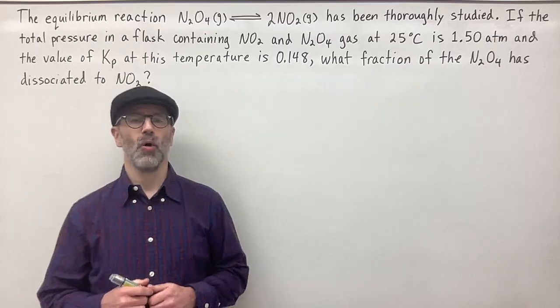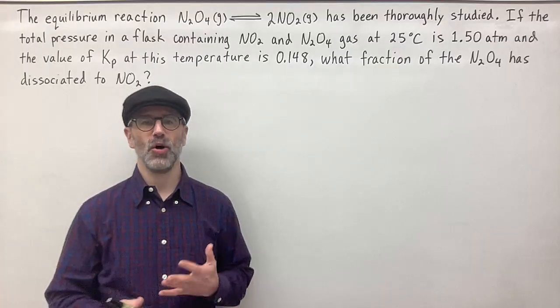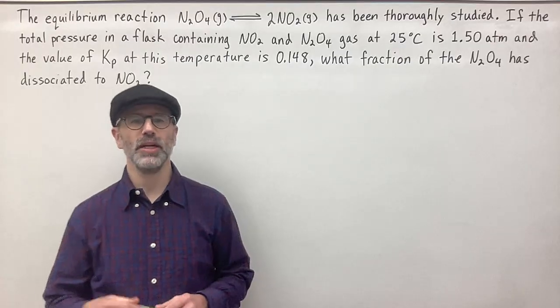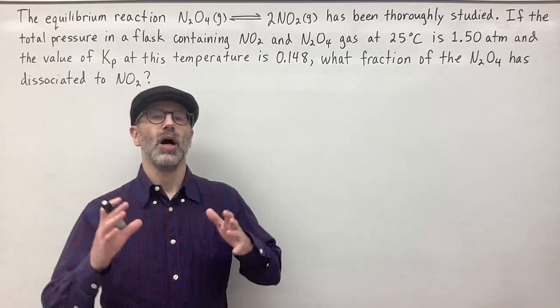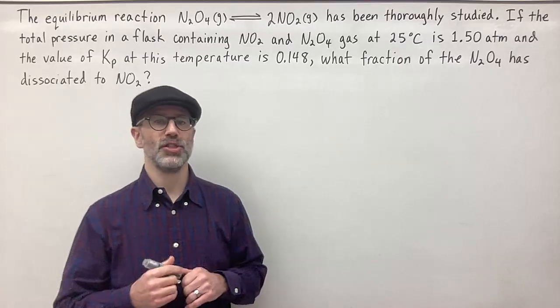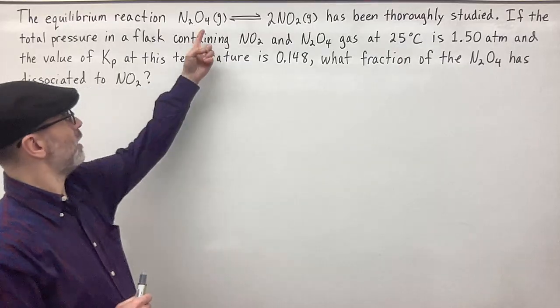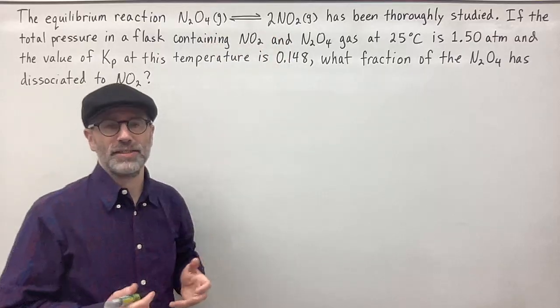Okay, so where do we begin? Well, the first thing we want to do is write out what information we're given. So we're told that the total amount of pressure for the system at equilibrium is 1.5. And so you can see here that this reaction only has two gases.